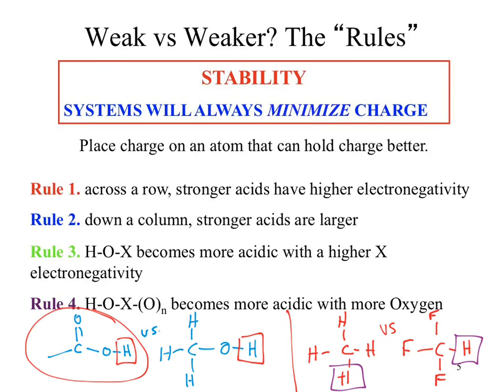So what happens as we add an electronegative element to our atom? We increase the acidity. Which of these two is more acidic? The right one. Okay, because of more electronegative elements on it. So we do apply these rules very, very similarly when we move into organic chemistry. They do come through the same idea. We call them different things.